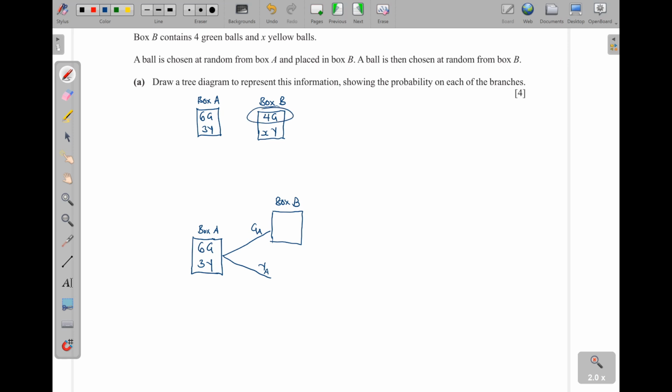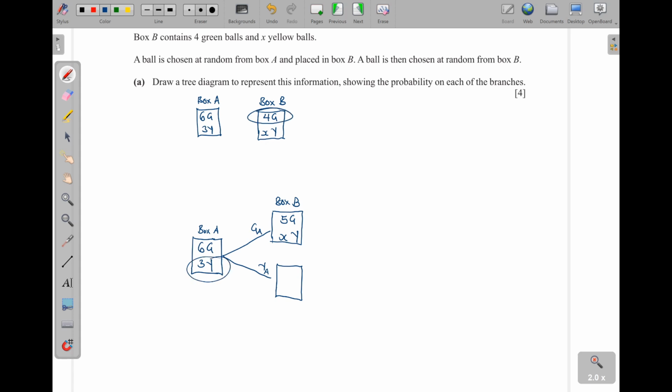That means when you pick a ball here and you put it in, the greens are going to increase by 1. So we shall have 5 green. But the yellows in B are still X. You see that? So we shall have X yellow. Or if you pick yellow from A, the greens in B are still 4.